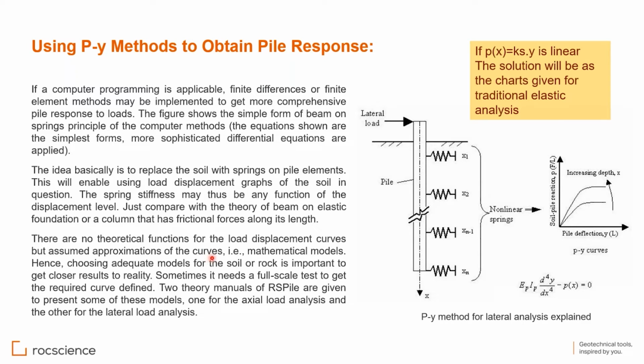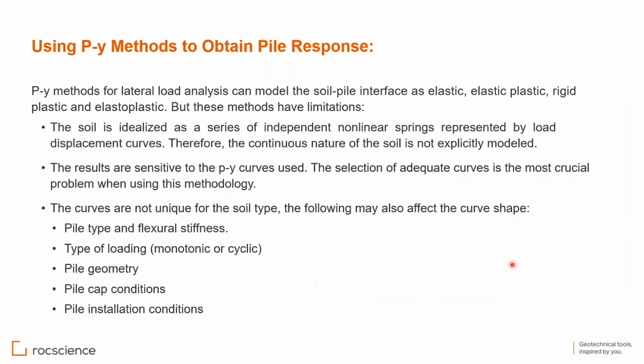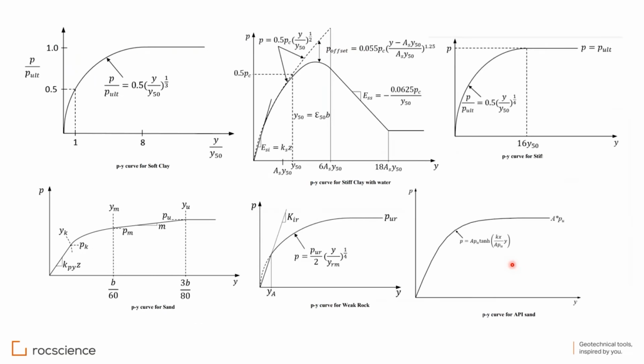For the P-Y curves, which are for the lateral analysis, we have to model the soil. At each depth, you may have different P-Y curves. There is some displacement, and that displacement will lead you to curves like these, which are called the P-Y curves for different soils.